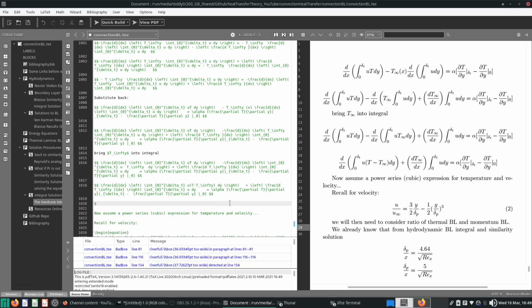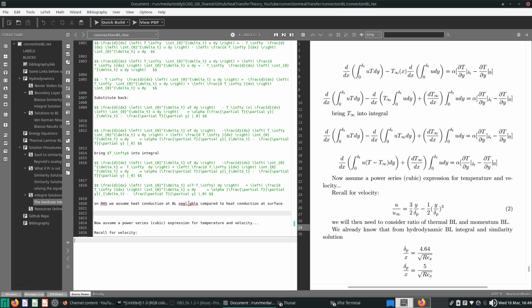On the right hand side, we assume heat conduction at the boundary layer is negligible compared to heat conduction at the surface. So what's the heat conduction at the boundary layer? It is k dT/dy at the boundary layer, which is this dT/dy here.